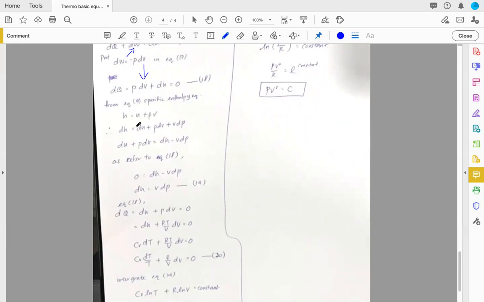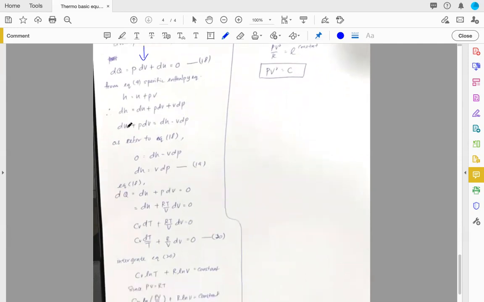When we differentiate, we have dH equals dU plus P dV plus V dP. So we rearrange this to be more similar to the specific enthalpy equation: dU plus P dV equals dH minus V dP.